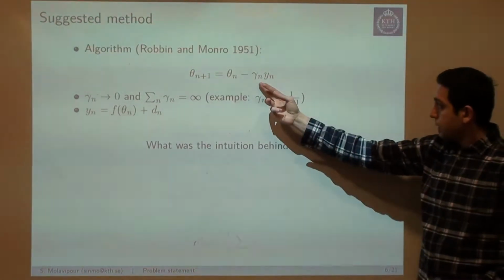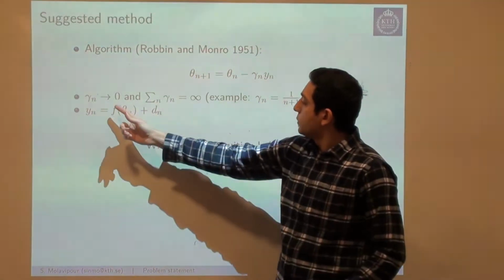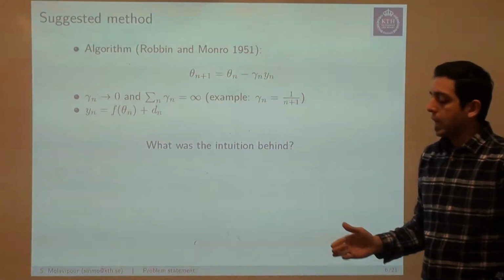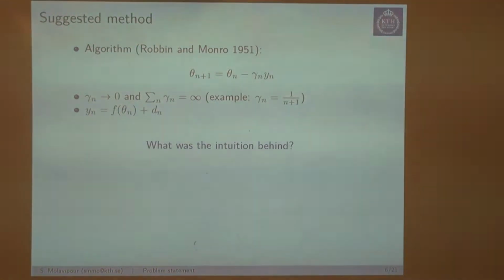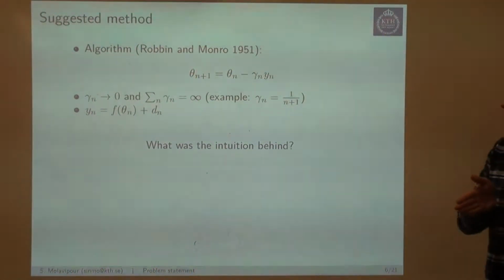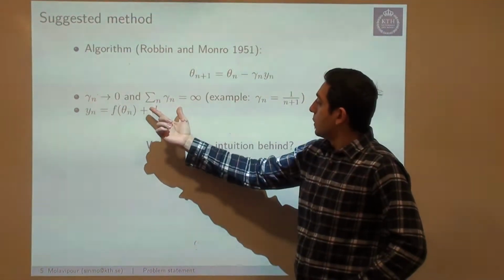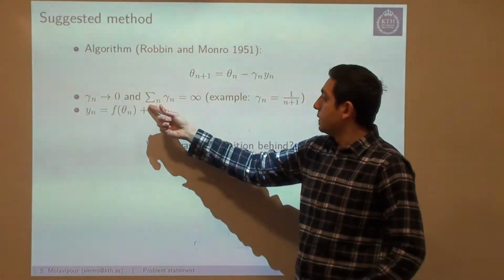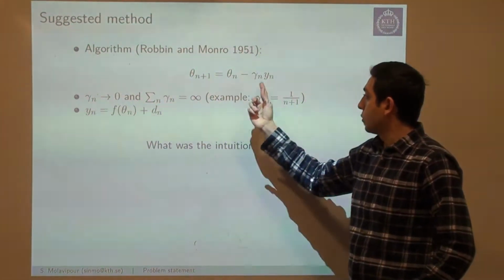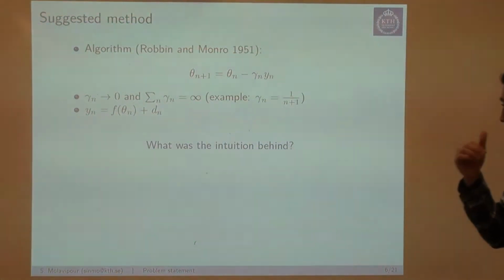And it has to have some properties, like gamma n should itself converge to 0. As I said, at each step we want to have a slower and slower gradient rate. One more property proved in the paper that we needed is that the sum of this sequence should be infinity, so it should be divergent.